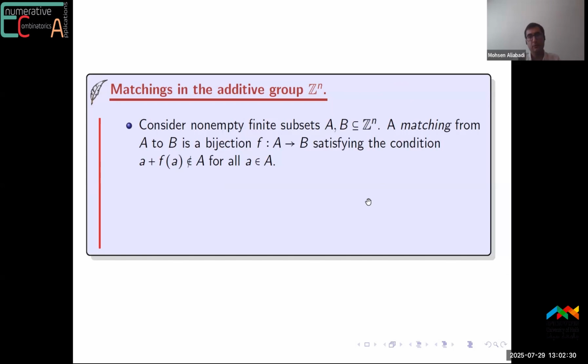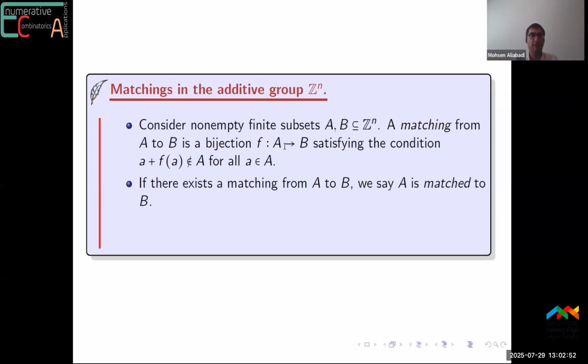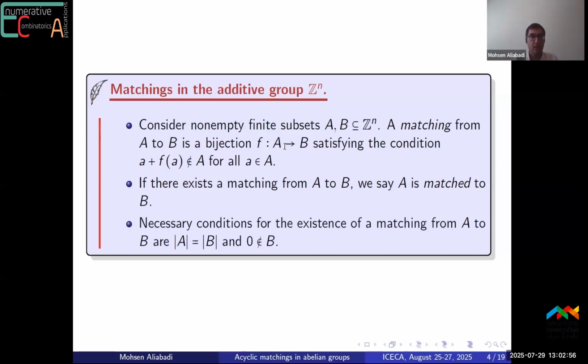Let us consider two finite non-empty subsets, A and B, of Z^n. A matching from A to B is a specific type of bijection f from A to B, such that the additional condition, a + f(a) not in A, holds for every element a of A. And if there exists a matching from A to B, we say A is matched to B. And clearly, there are two necessary conditions for the existence of a matching.